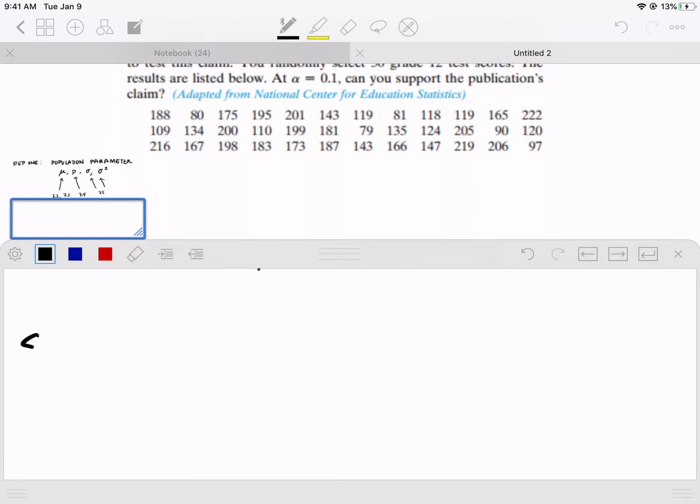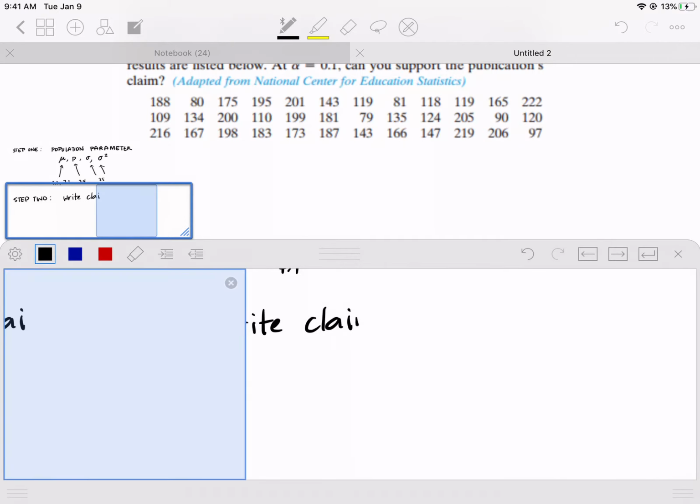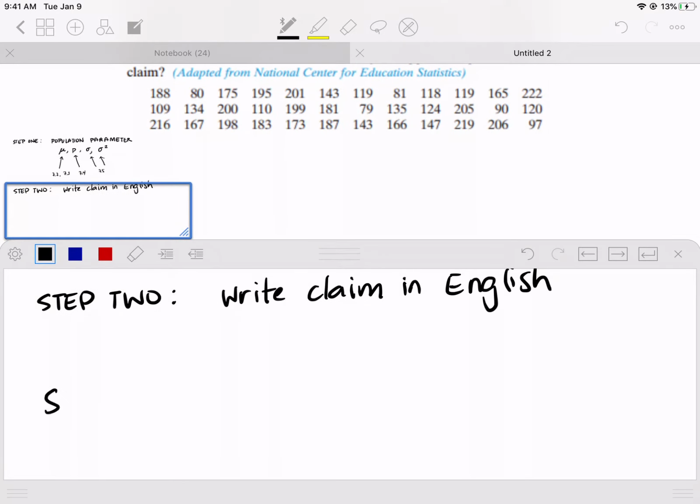And then step two is going to be to write your claim verbally. Step three is going to be to translate the claim, or write the claim, as a mathematical statement.